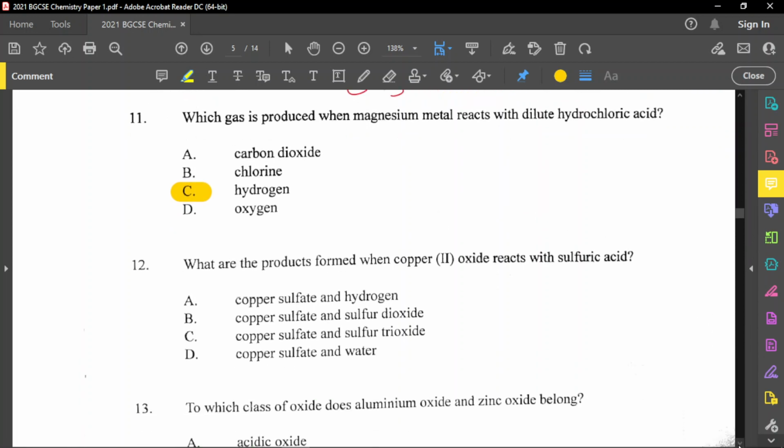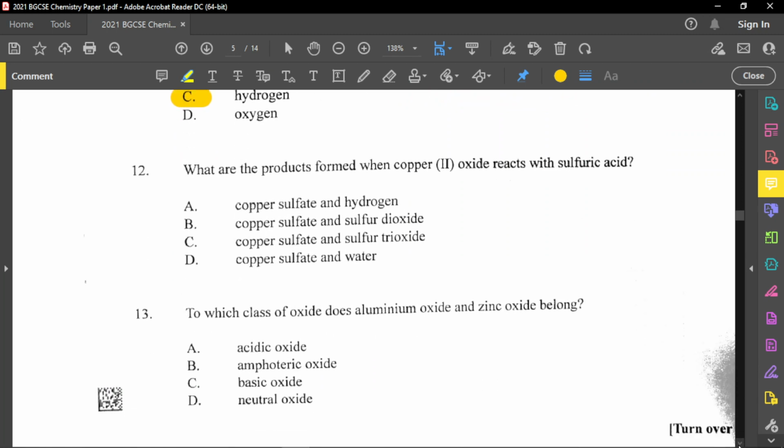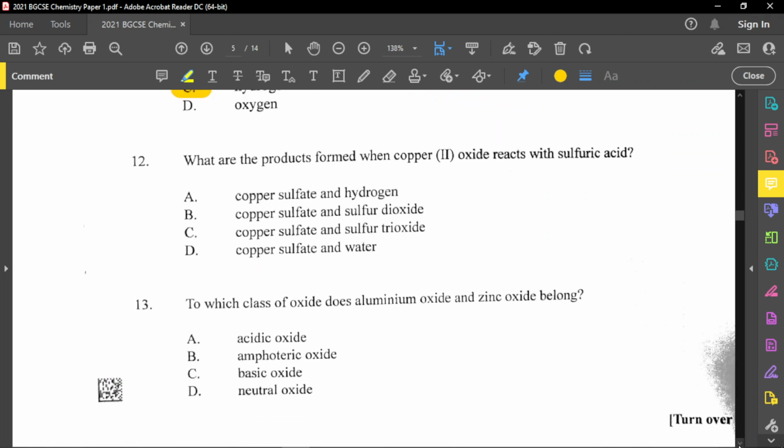Number 12 is: what are the products formed when copper(II) oxide reacts with sulfuric acid? You can understand it by looking at the reaction. Copper(II) oxide is CuO, plus sulfuric acid, which is H2SO4.